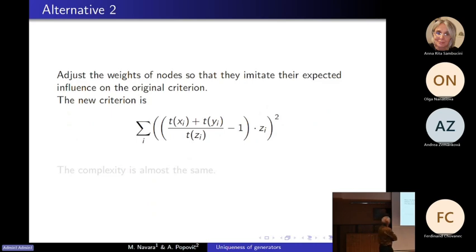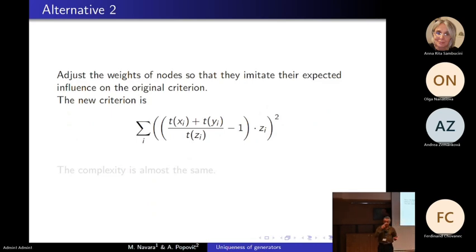And we suggest an alternative which is feasible, and that is, let's change the weights of the data so that we eliminate the distortion caused by the generator.